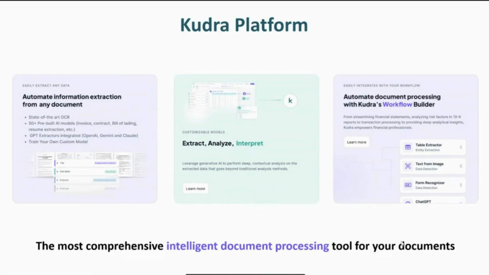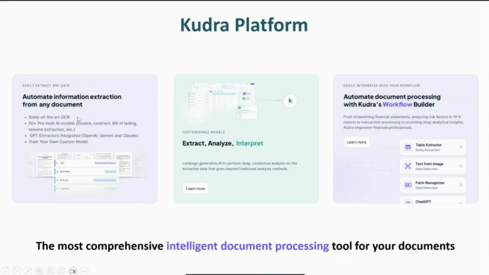The first aspect is we really perfected the extraction process. We understand that extraction is really important for any downstream application later on if you want to analyze it. So you have a no-code platform that allows you to extract any information from your documents.